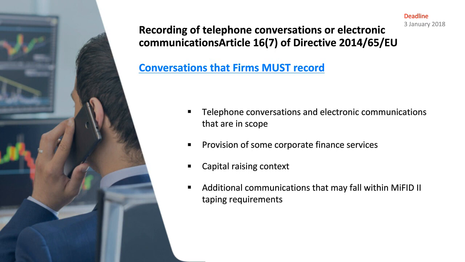It's pretty detailed. We've got the relevant sections a few slides later. But in other words, all conversations, either audio or electronic, or messages, that are expected or intended to result in transactions when dealing on own account and the provision of client order services that relate to the reception, transmission and execution of orders.